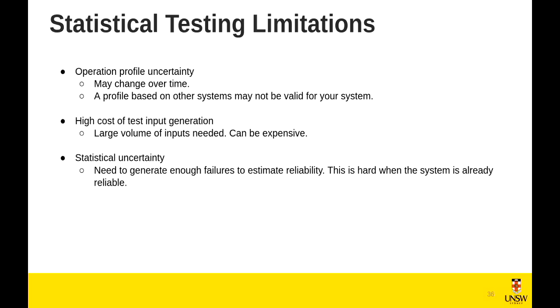On the other hand, this would also tell us that the system is quite reliable. But it is hard to decide whether it's because the system is reliable, or because we have some bad design of operational profiles, or some bad design of test cases. So it's hard to tell.